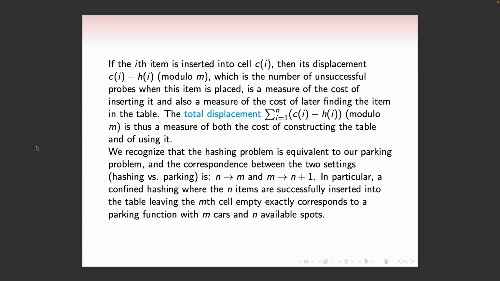A car will not necessarily park in its most preferred spot, because the spot might already be taken by a previous car, so the car will drive on to some other spot later, and there will be an impact on the distance traveled. The total displacement is the total effect of the distance traveled, and it corresponds in hashing to the total cost of construction of the table.